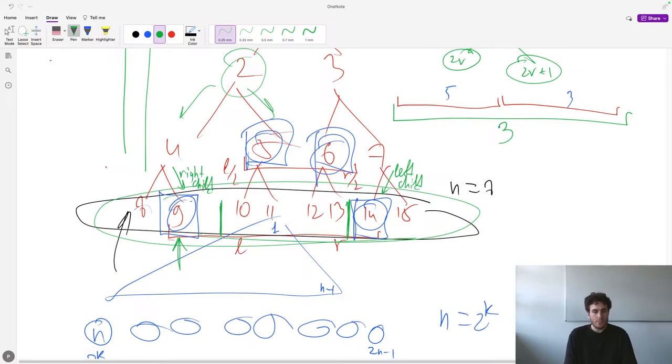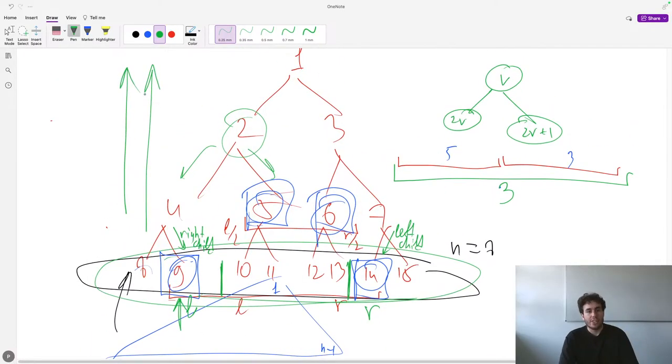So when I'm standing in some vertex with index L, how do I understand that it's a left child or a right child? What do you think? Given the index of a vertex, how do I understand that it's a right child? In this case, right children are 3, 5, 7, 9, 11, 13, 15.